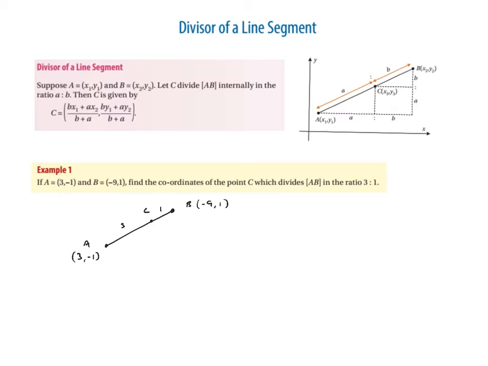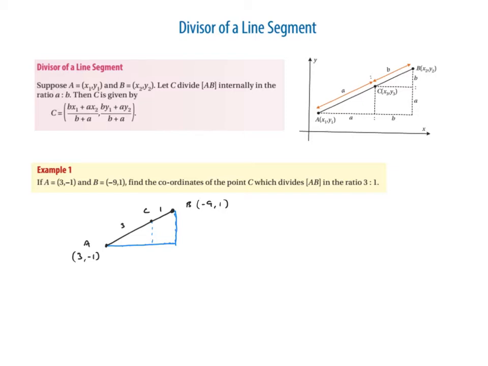So what we can do is work out how we get from A to B, and then take 3/4 of that to get from A to C. If you have a look at this line here and this line here, we can calculate the distance along the line in the x direction.